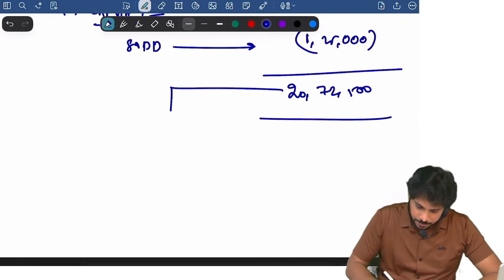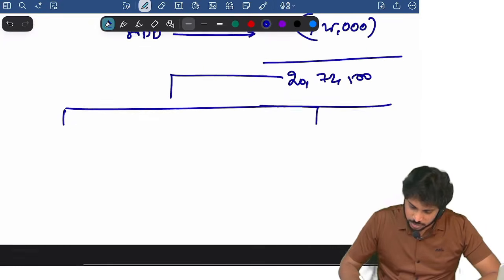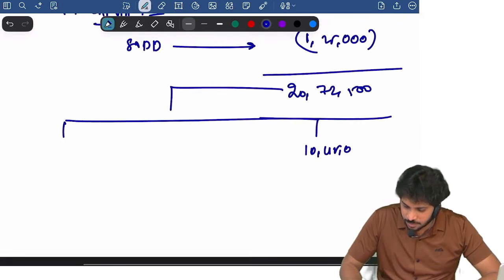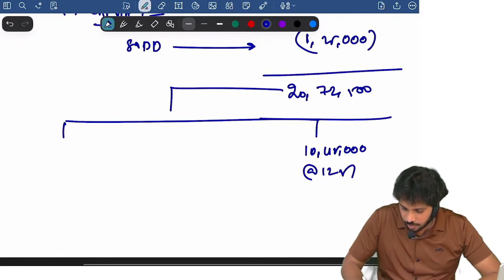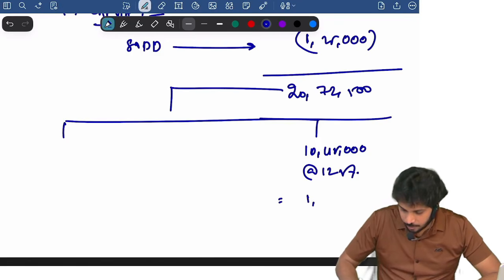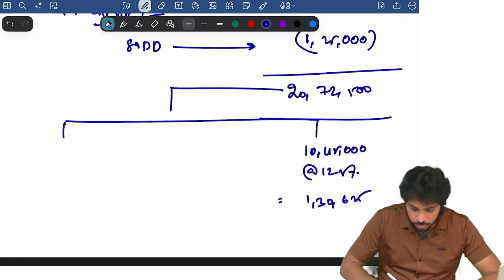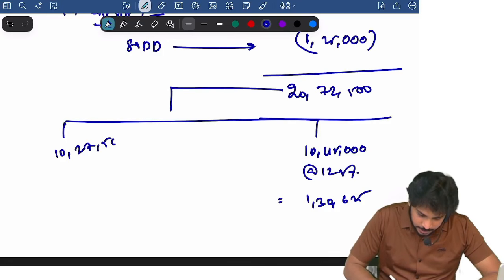Tax liability. Now again, capital gains how much? 10,45,000. On the taxes without indexation is best, correct? At 12.5%, how much? 1,30,625. So 20,72,500 minus 10,45,000 is equal to 10,27,500.